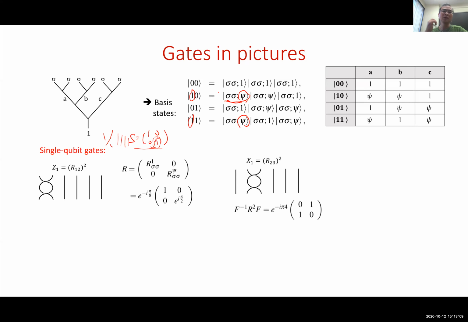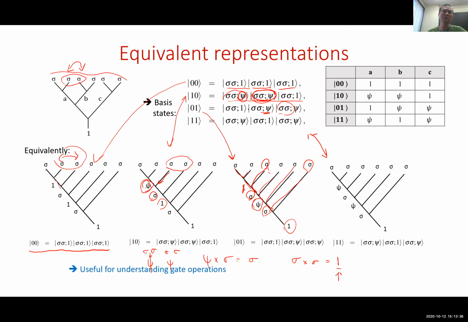Okay, and this is just what I said earlier. In order to look at the X gate, we braid 2 and 3 two times. That gives us X. To make sure that it's really the X gate on the first qubit, we need to use this braiding diagram.